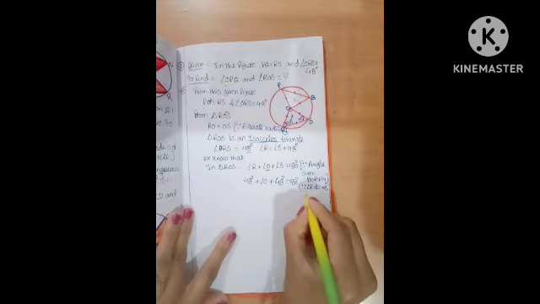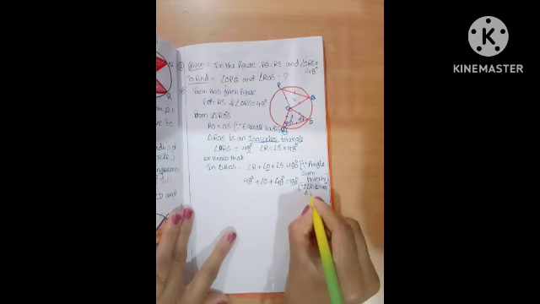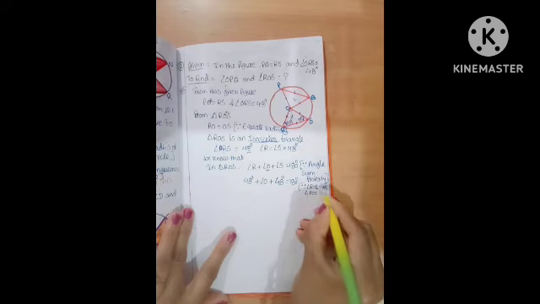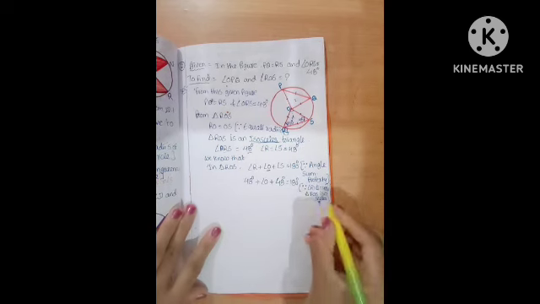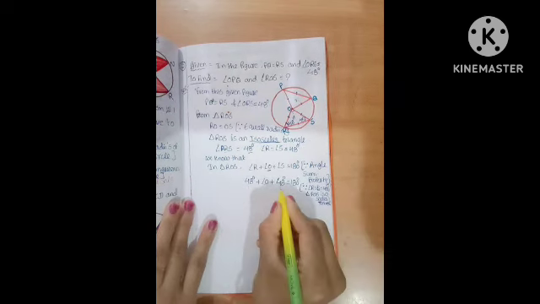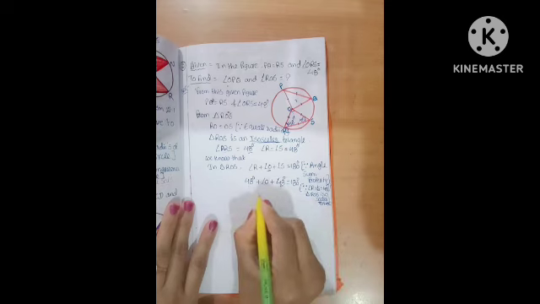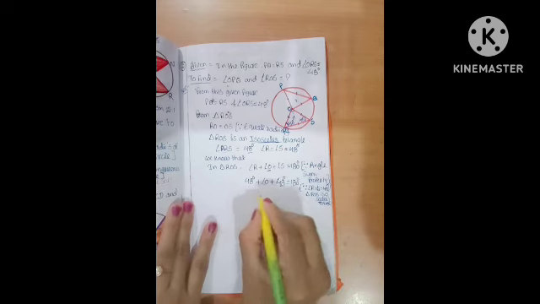Since it is an isosceles triangle. What's the isosceles triangle? Triangle ROS is already mentioned there, so that's why isosceles. Are you clear? 48 plus 48, how much? 96 only.